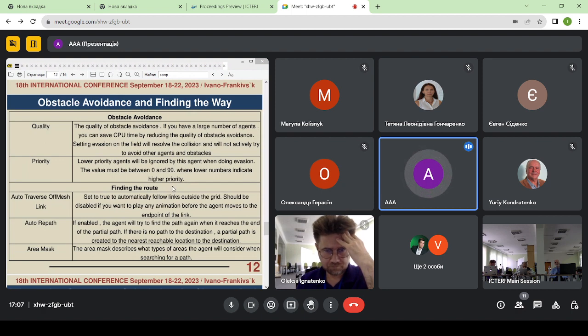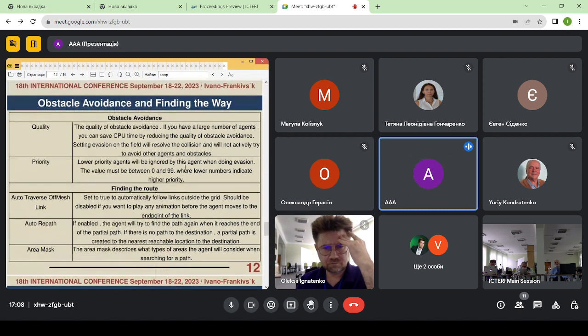Priority: agents of lower priority will be ignored by the agent when doing avoidance. The value must be between 0 and 99, where lower numbers indicate higher priority.